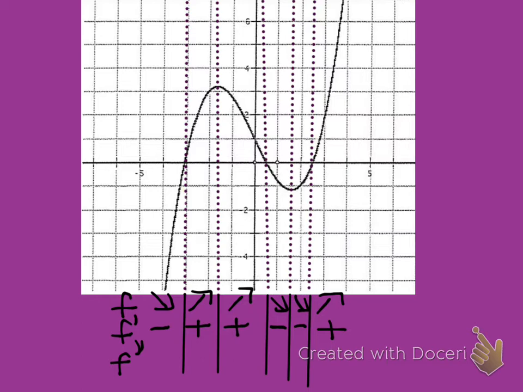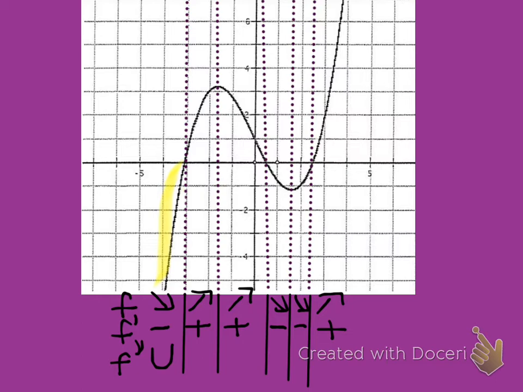What do I mean by that? Well, look here. In this first section, we're increasing from there to there, right? So that means since my first derivative graph is increasing, my original graph is going to be concave up.